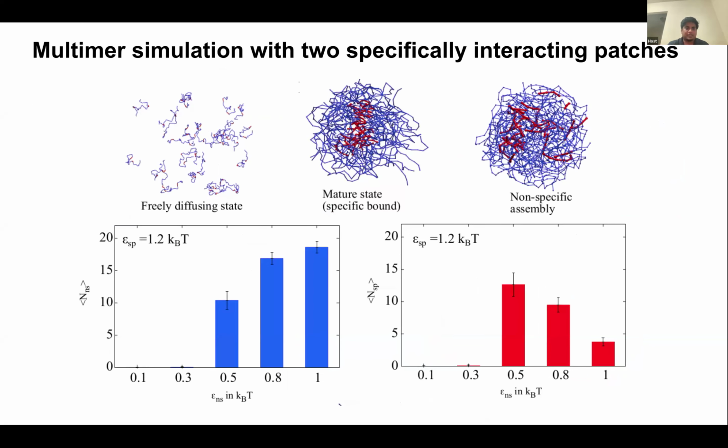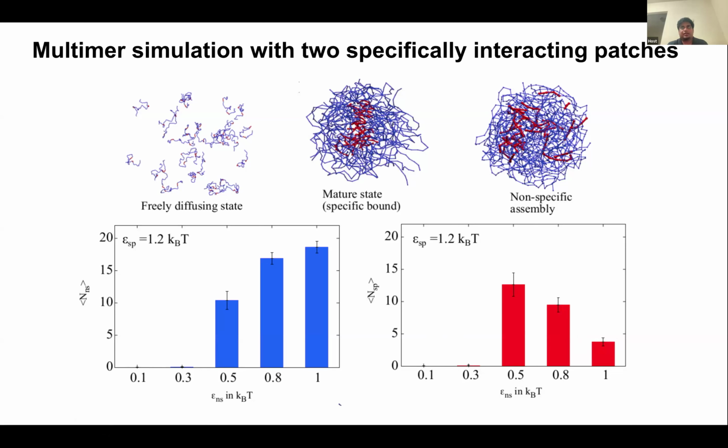We found similar results, where non-specific contact increases with non-specific interaction, and specific contact has an ideal value at 0.5 kT where the mature state is observed. And for a 1 kT non-specific interaction, there is a non-specific assembly where the specific contact is pretty low.